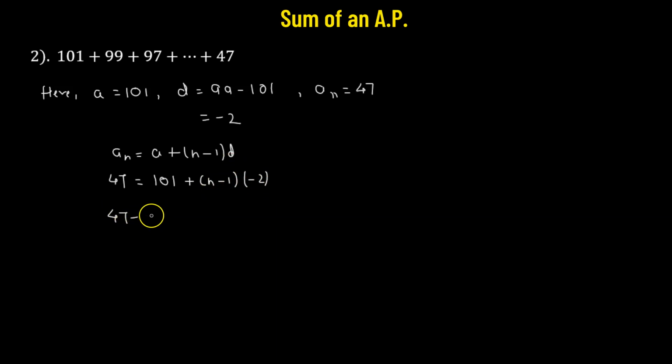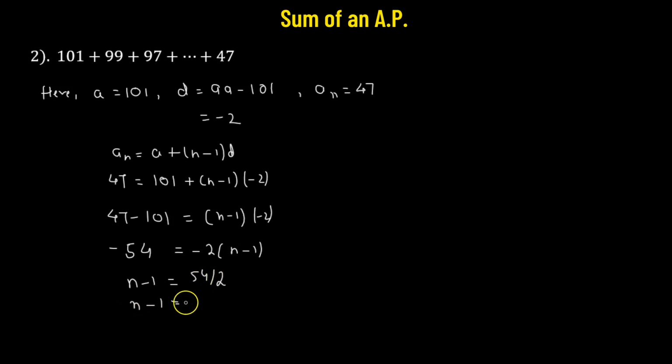So we have 47 minus 101, which equals (n minus 1) times negative 2. 47 minus 101 is negative 54, which equals negative 2 multiplied by (n minus 1), or simply n minus 1 equals 54 divided by 2. So 54 divided by 2 is 27, or simply n equals 28. That means we have 28 terms in the given arithmetic progression.